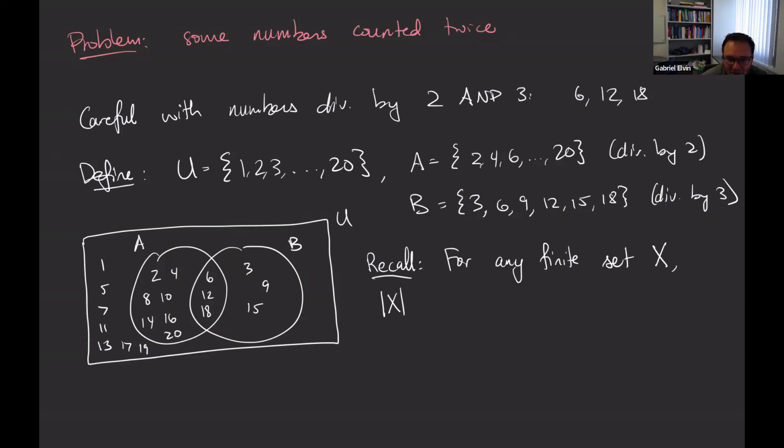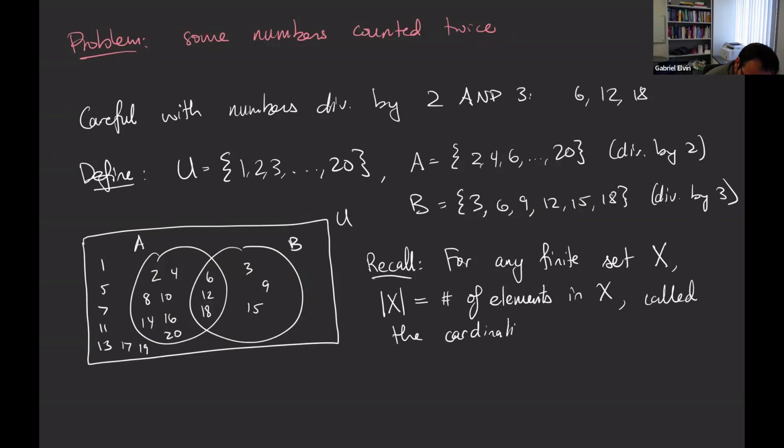That doesn't mean anything. It's just the same notation. What this means is the number of things in that set, the number of elements in X, called the cardinality of X.